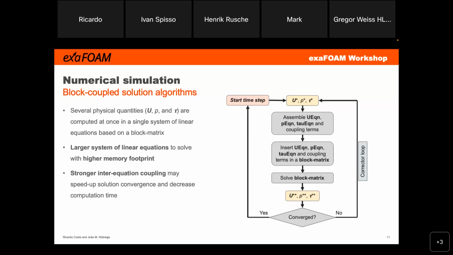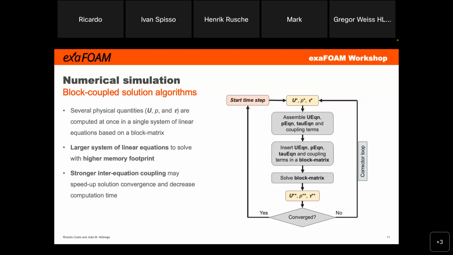I put all of it into a big block matrix, and I solve this. And therefore, I obtain all these variables, velocity, pressure, and stress, all together, in one solution of this big block matrix.